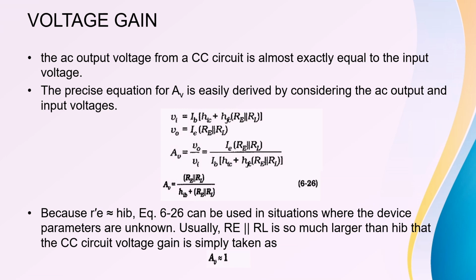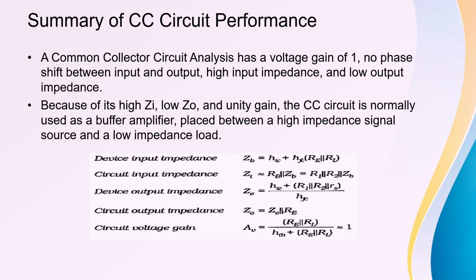Because the internal resistance of the base emitter junction is approximately equal to the H parameter, this equation can be used in situations where the device parameters are unknown. Usually the emitter resistance and load resistance in parallel are much larger than the H parameter, so the CC circuit voltage gain is simply taken as approximately 1.